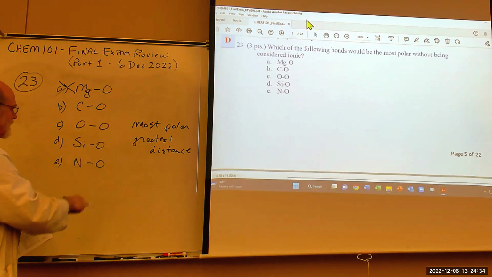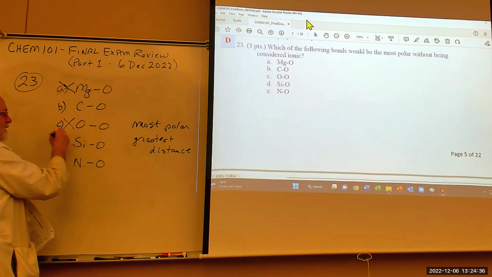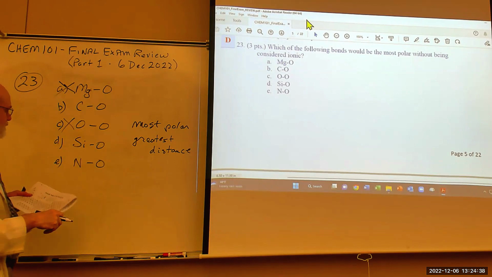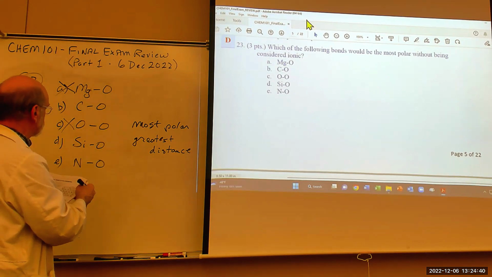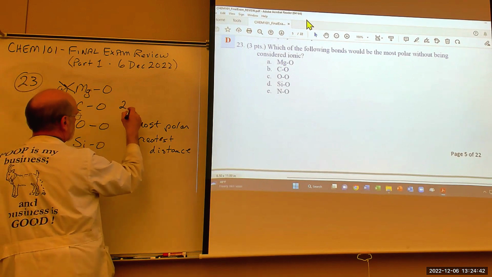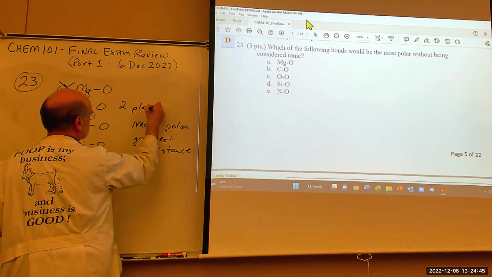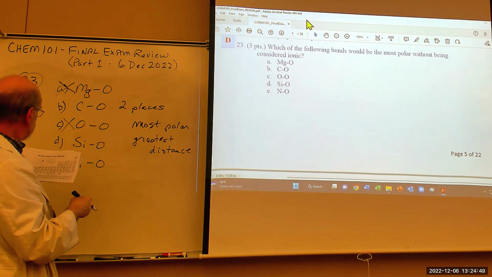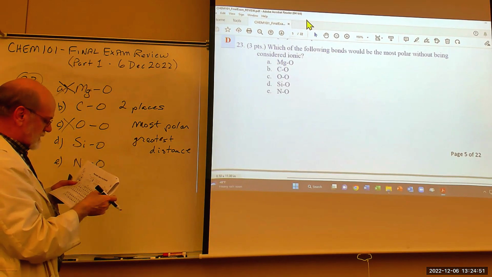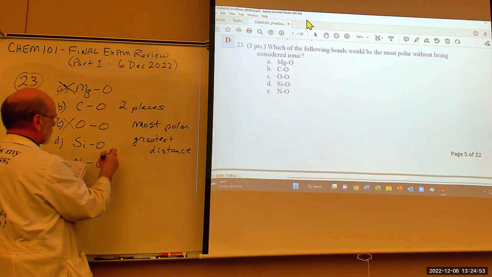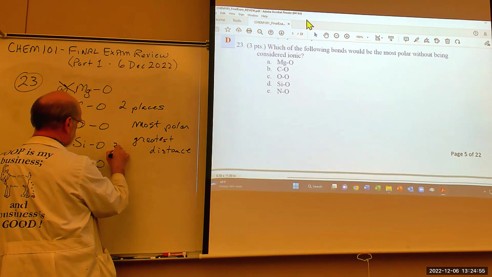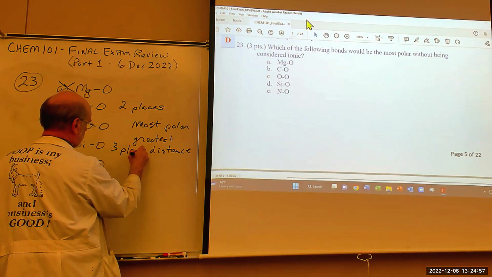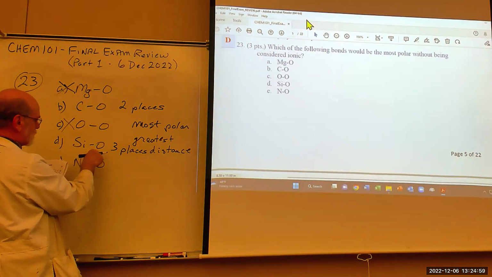Okay, that lets oxygen out, right? It's not going to be polar at all. Carbon and oxygen are 2 places apart. There's an element in between them. Silicon and oxygen are 1, 2, 3. They're 3 places apart with 2 elements in between them.